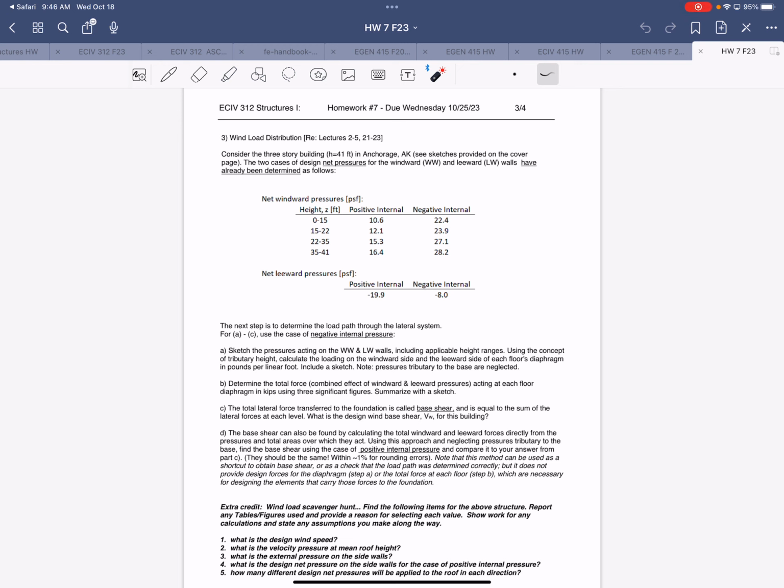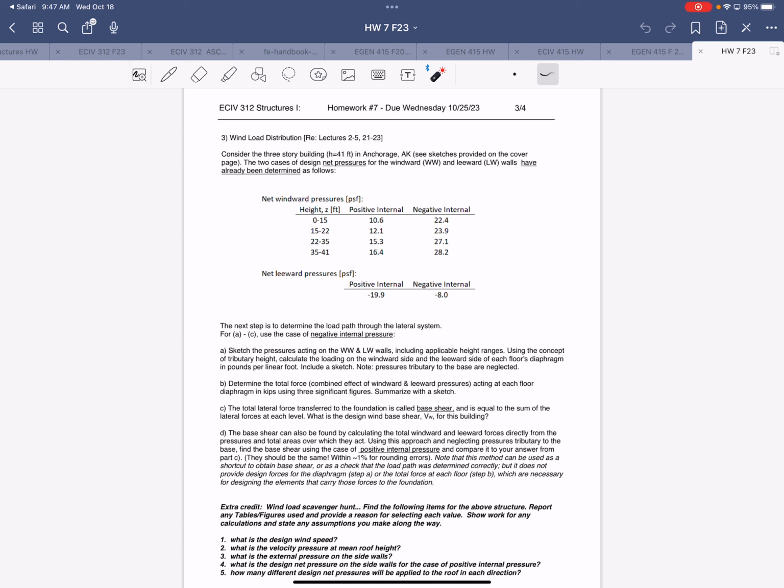All right, so this problem will walk you through that concept, but it's also going to ask you to think back to those lectures that we did at the beginning of the semester, and we talked about load paths, and tributary areas, tributary widths, tributary heights would be applicable in this case, all right? So for a lateral force like wind pressure, it would be tributary height to each diaphragm that you would take and multiply that wind pressure by to get a line load that would act on the diaphragm.